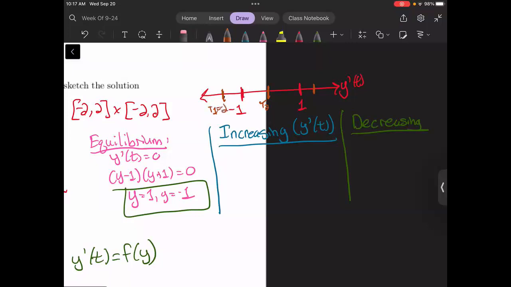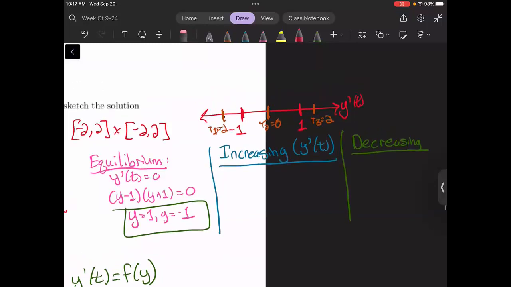So this will be like -2. Our test value here will be 0, and the third one, let's say 2. Okay. As a reminder, y prime of t is equal to y minus 1 times y plus 1.